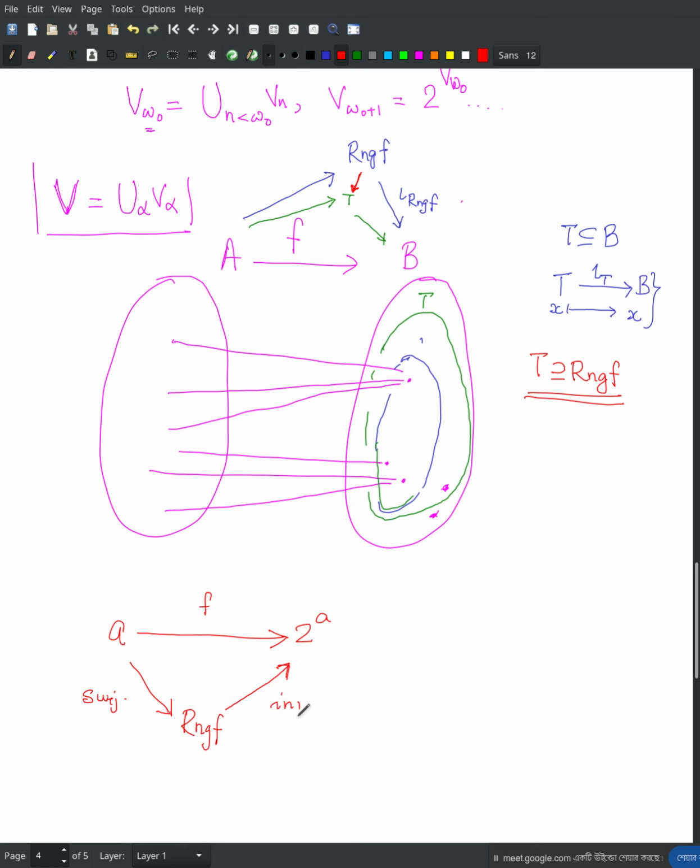So that's what it is telling us. Therefore, in particular, if we take f like this, f of x is the singleton x, that is injective. Yes, and what is this range? The range is the subsets of all singletons.